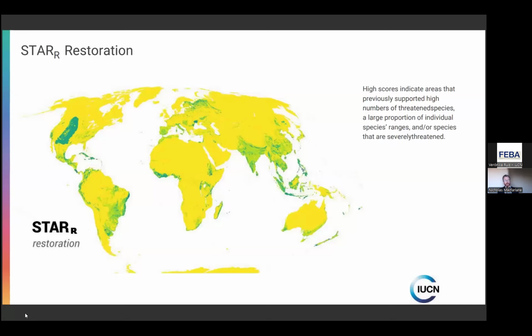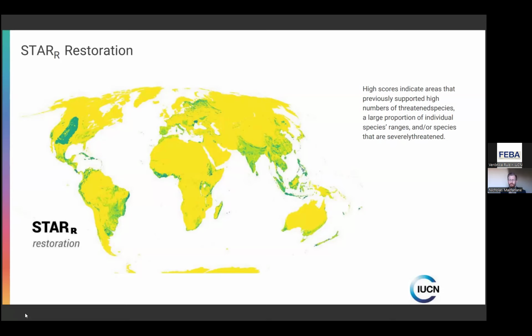This is looking at the restoration layer, so the opportunity for reducing global species extinction risk through actions to restore previous habitat of species or abate threats in those areas, and parts of the world where threatened species have lost large proportions of their historic range tend to score highly for STAR restoration.